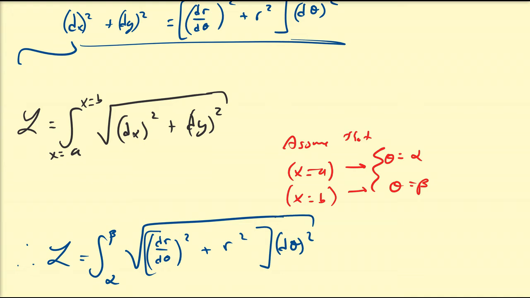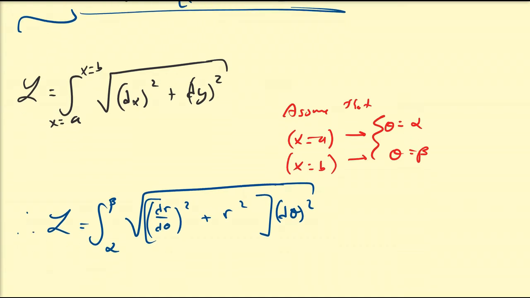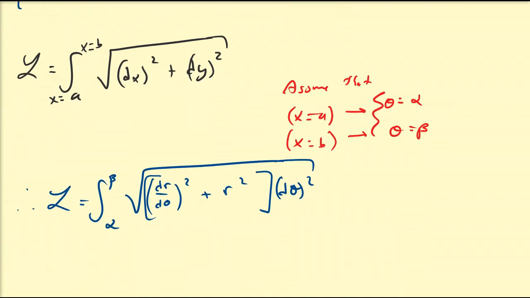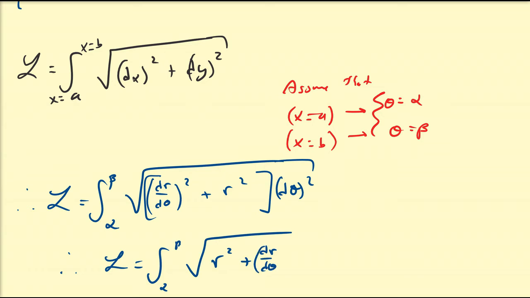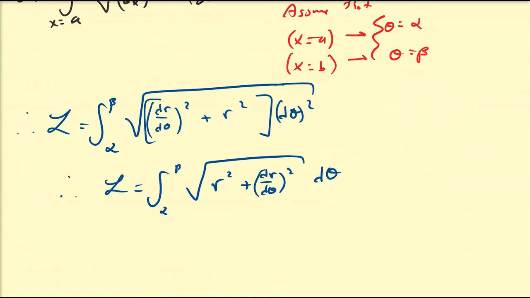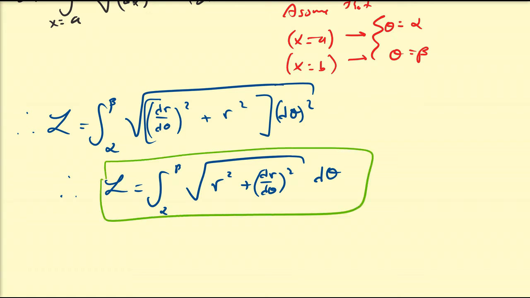And the square root of d theta squared is going to just be the absolute value of d theta, which we can assume to be positive without loss of generality. So we have our beautiful polar curve representation, the integral from alpha to beta of the square root of r squared plus dr d theta to the quantity squared times d theta. And this is our polar representation for the arc length of some curve.